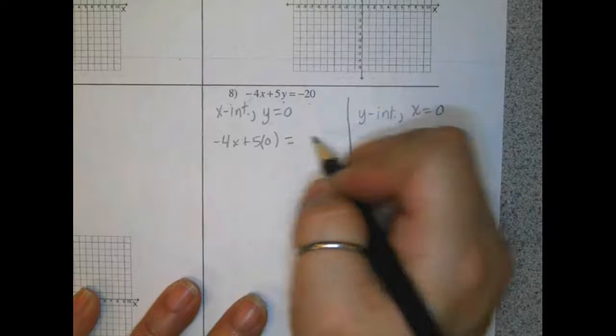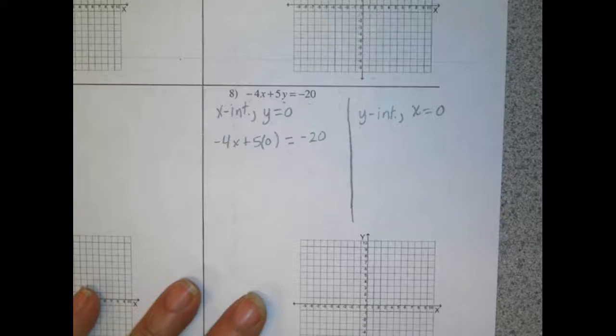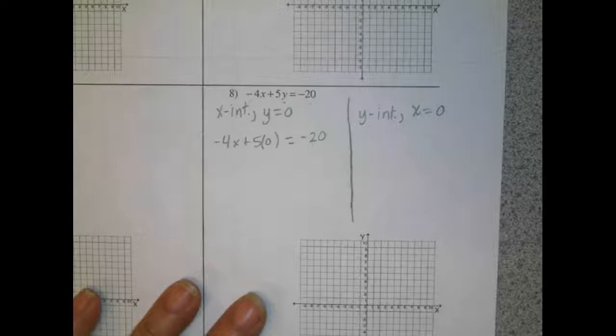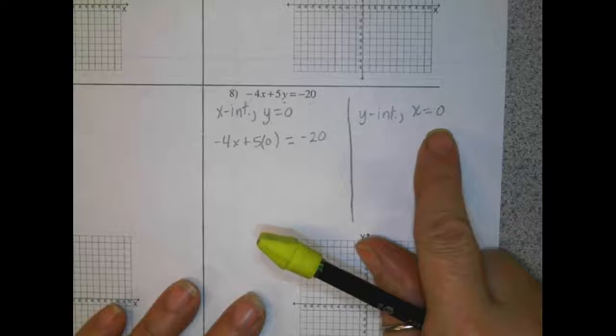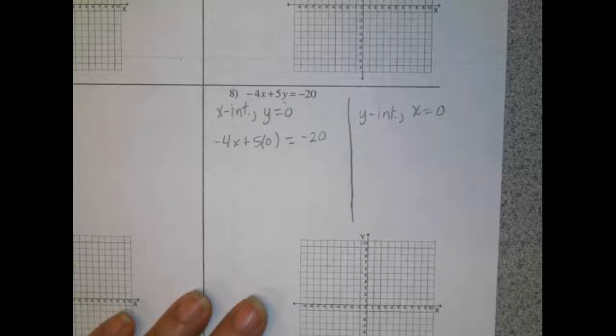I'm going to finish it off with my minus 20. So all I'm doing is taking that 0 and substituting it in the equation for y. On this side, I take that same equation, and instead of x, I'm going to write 0. y will come down with me. That's what I'll solve for.